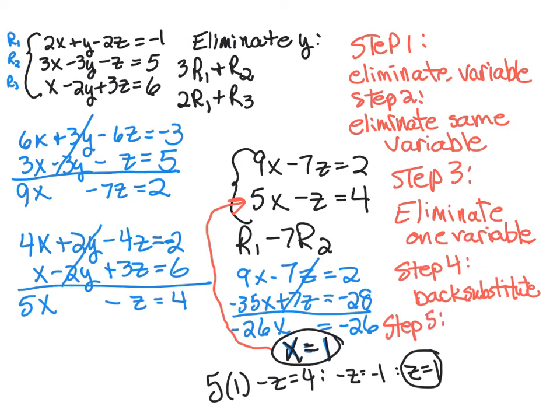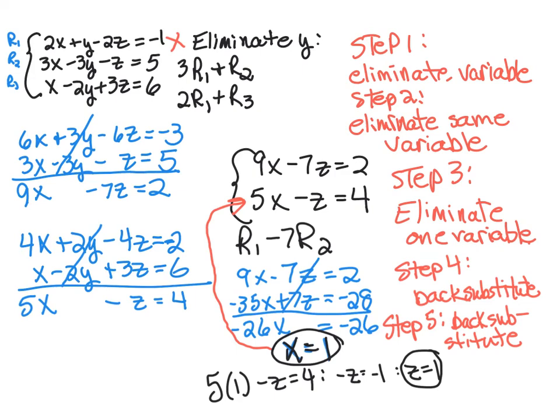I'm going to take both of those things and back substitute into one of the originals. So I choose, because I'm solving for y, I choose to substitute into the top guy because he's got a plain old y. So x is 1, z is 1.